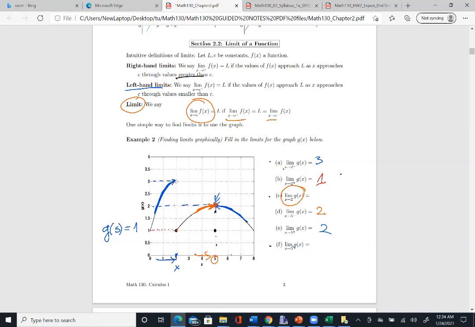You will need to take a look at both side when x go to 2 from the left and x go to 2 from the right is not equal each other, right? So you see that limit of g of x for x go to 2 from the left hand side not equal to limit of g of x when x go to 2 from the right hand side. You see that?